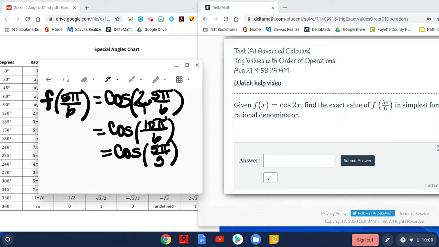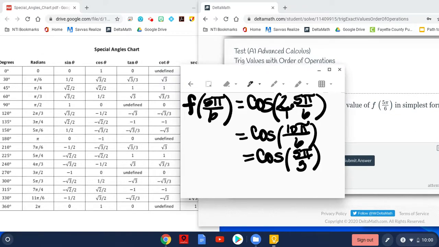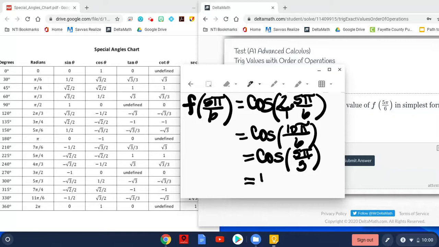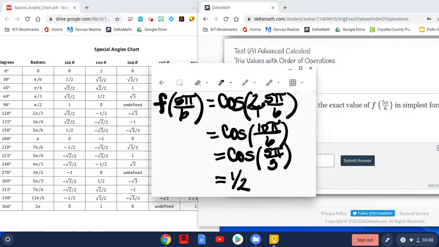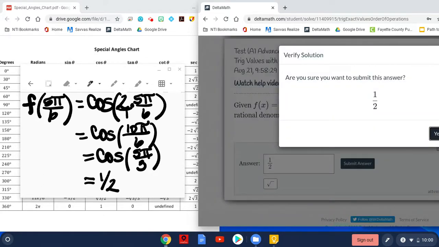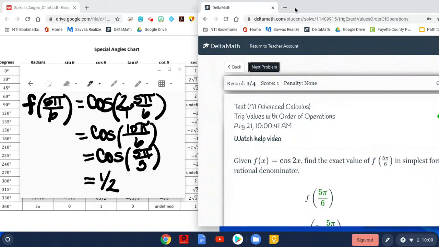To get my final answer, I go over to my chart and figure out what the cosine of 5 pi over 3 is. Cosine 5 pi over 3 matches up right here. So this should be equal to 1/2. Then I'll type in 1/2 and see if I'm right. Yes, I submit that answer. Correct.